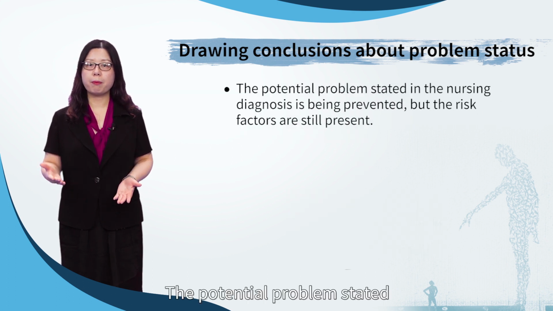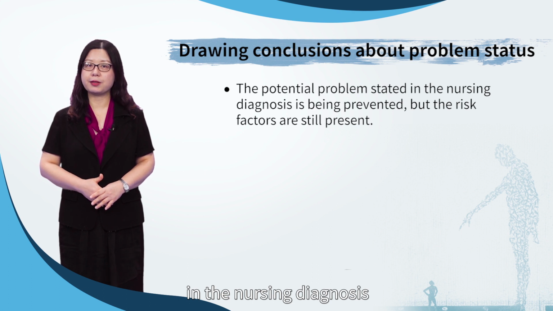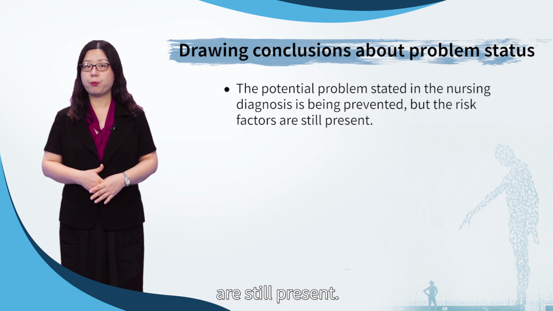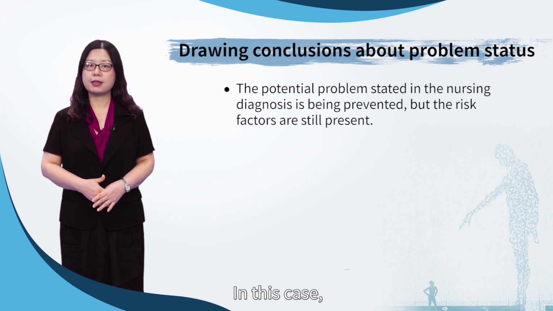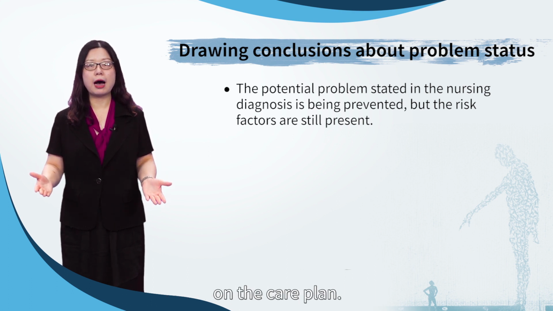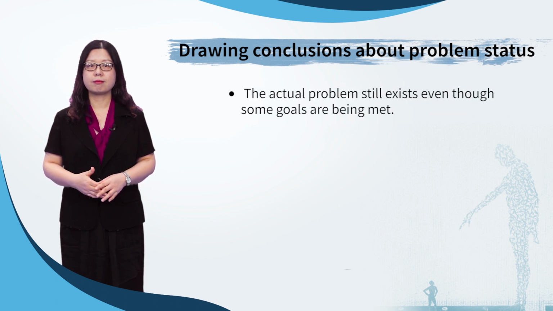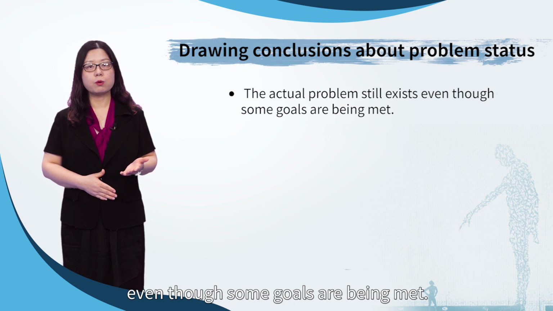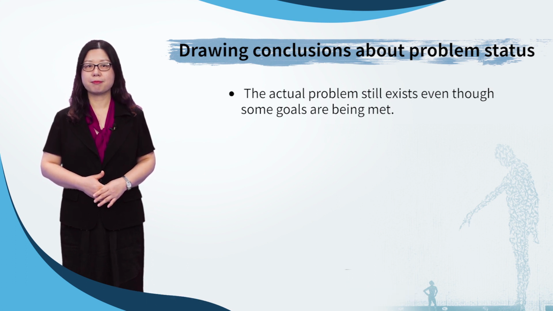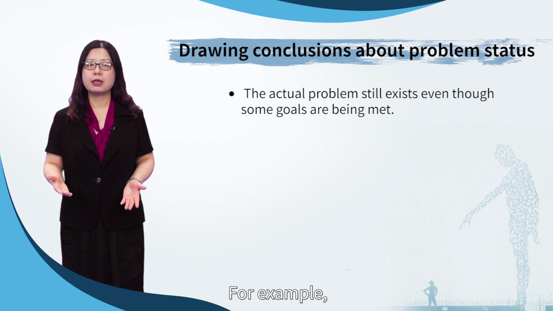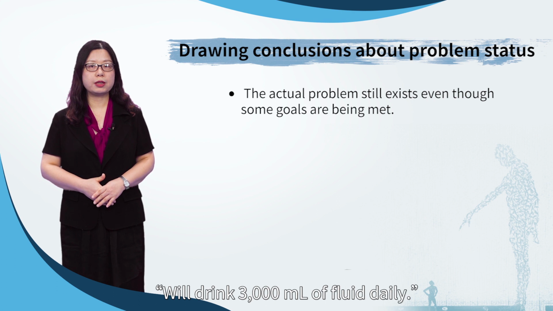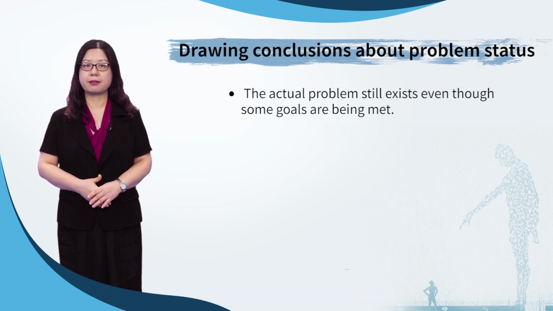The potential problem stated in the nursing diagnosis is being prevented, but the risk factors are still present. In this case, the nurse keeps the problem on the care plan. The actual problem still exists even though some goals are being met. For example, a desired outcome on a patient's care plan is will drink 3,000 milliliters of fluid daily.